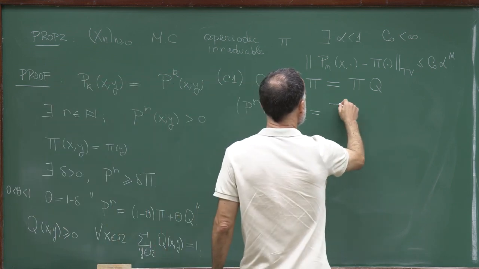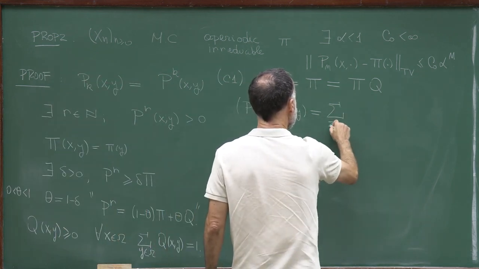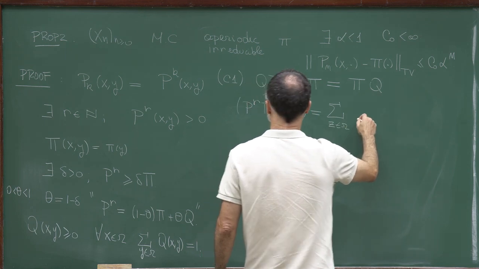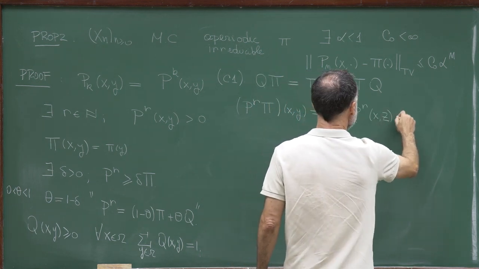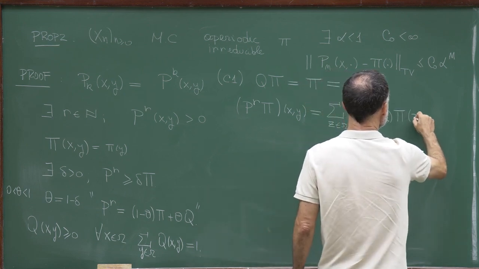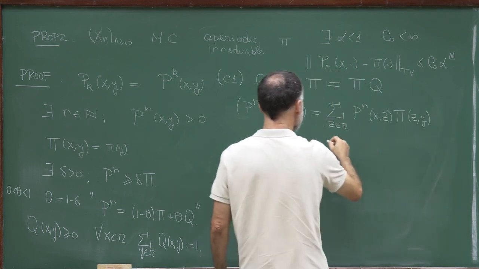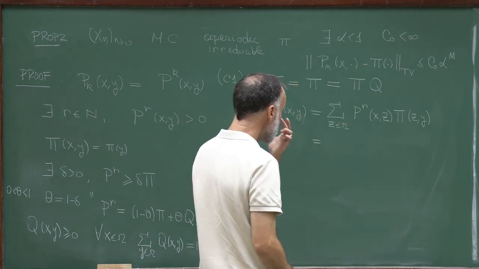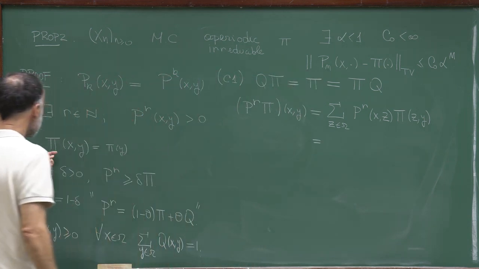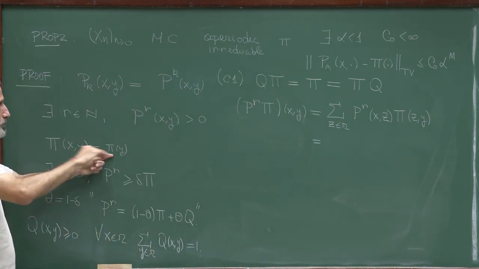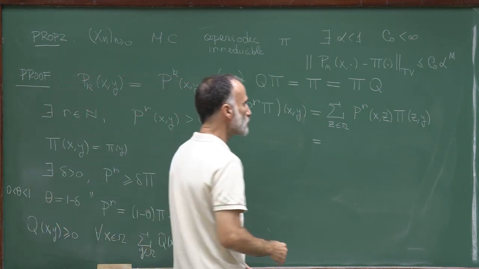So this is the sum for z in omega of P^r(x,z) pi(z,y). But pi is the matrix which is constant among the lines.